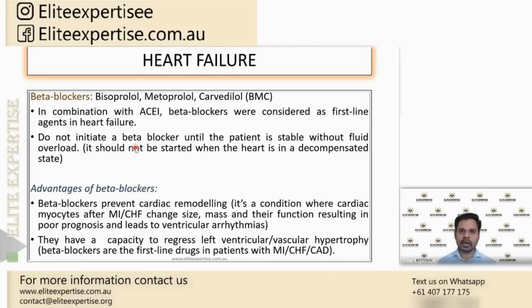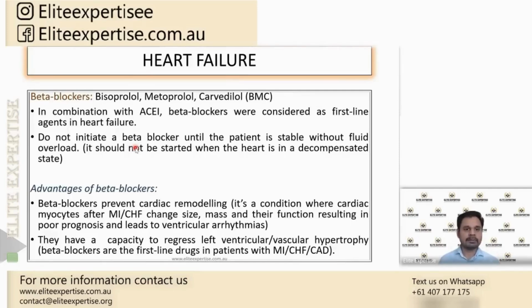Or we should not give a beta blocker to the patient when the heart is in a decompensated state. Okay? So we need to start giving the beta blocker only once the heart comes back to a compensated state. It means that the excess fluid which is present in the body should be removed from the body first. Then only we need to start the patient on a beta blocker.